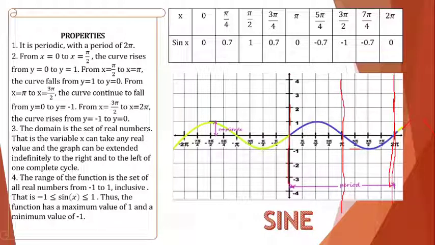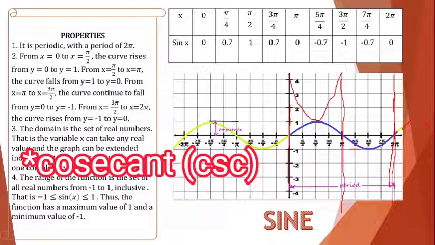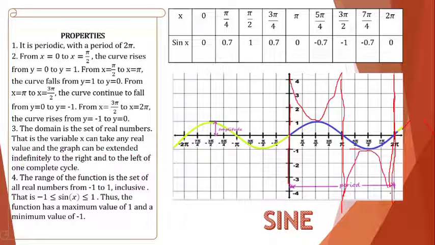Since this is sine, so kapag ganito, this is your second graph, the cosecant of x. Ayan. This is your reciprocal. Kahit sa unlimited graph nyo, ganyan ang gawin nyo. Hindi man ganun kagandahan yung graph ko. Basta, ito lang din yun.